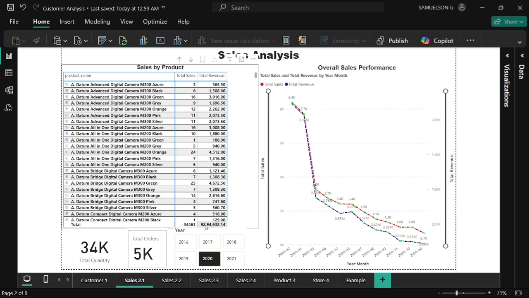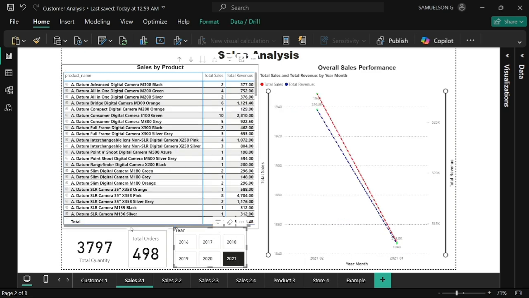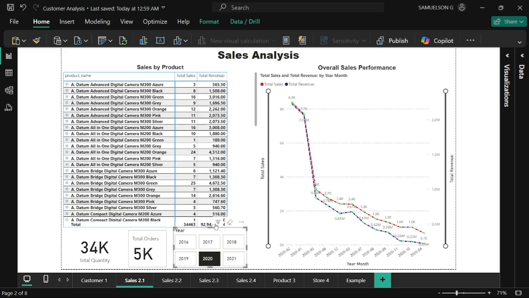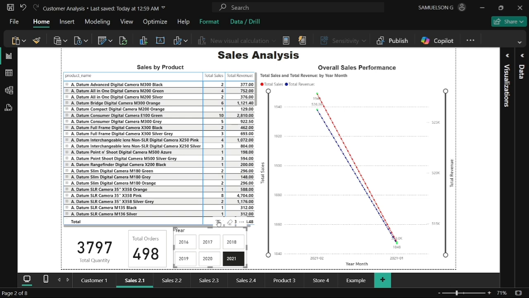They also sold extra products, and this is 9 million. In 2021 there are only 2 months, that's why the quantity is too low. You can see here 3,700, and it's also achieved millions.